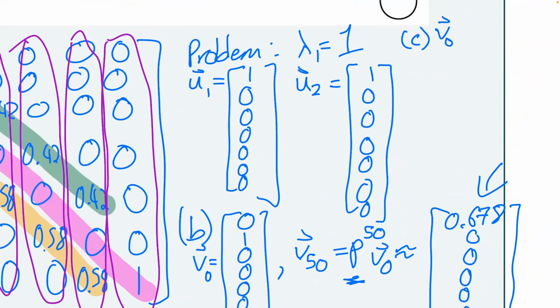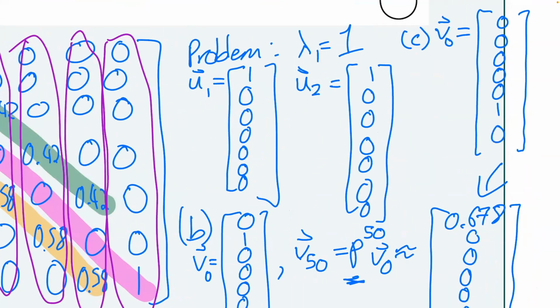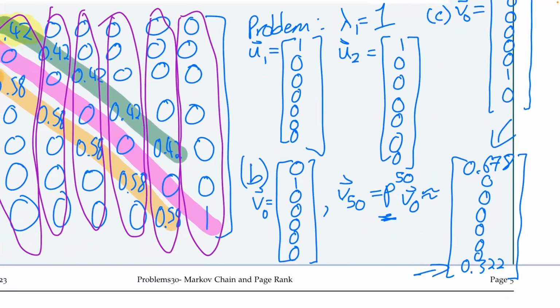Our initial probability distribution is going to be zeros all the way down here: 0, 1, 2, 3, 4, 5.